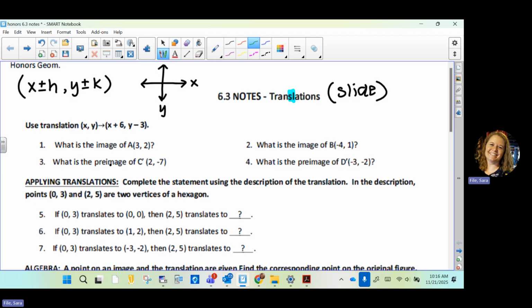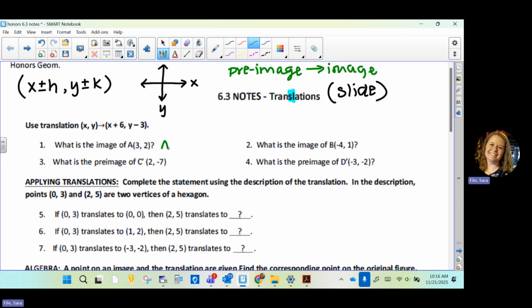So in the first one down here, it says, what is the image of A? Okay, remember, pre-image is what you start with, image is after. So if you need a reminder of that, you go pre-image to image. Okay. So if we start with 3, 2, where do we end up after applying this rule?